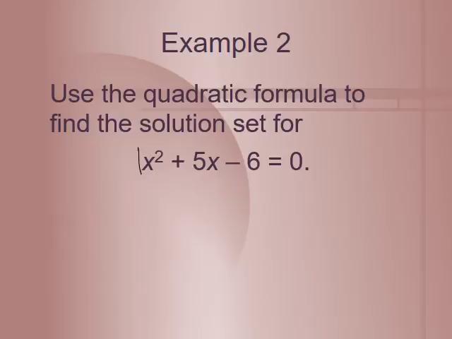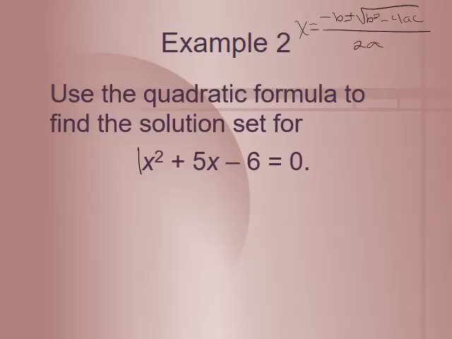And remember, our quadratic formula is x equals negative b plus or minus the square root of b squared minus 4ac all over 2a. You will need to have this memorized, so you need to be studying this.